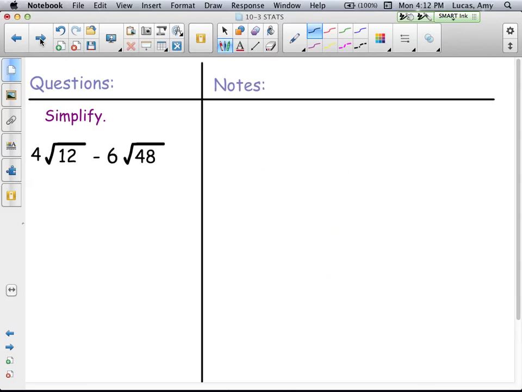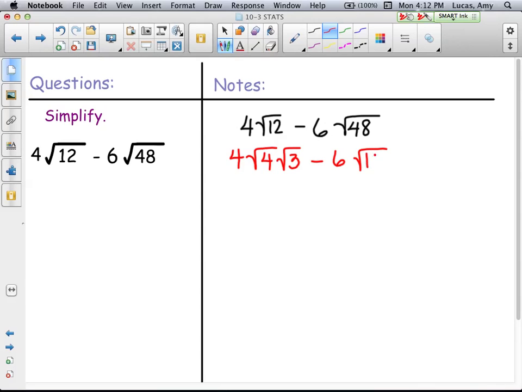The next one, we'll do the same thing that we did on the last one. So we are going to factor. 12 is the same as 4 times 3, so the square root of 4 times the square root of 3. And 48 is 16 times 3. Remember, you're looking for perfect square factors.